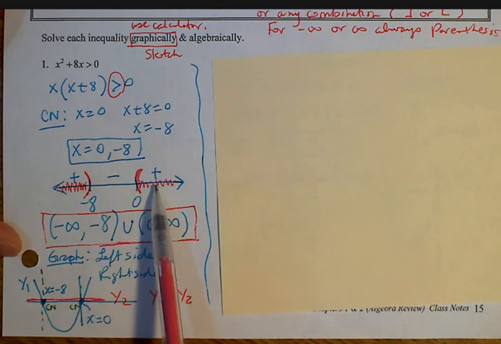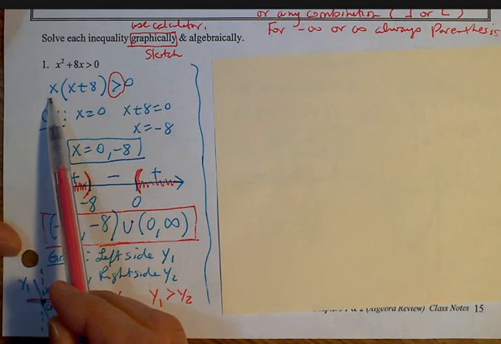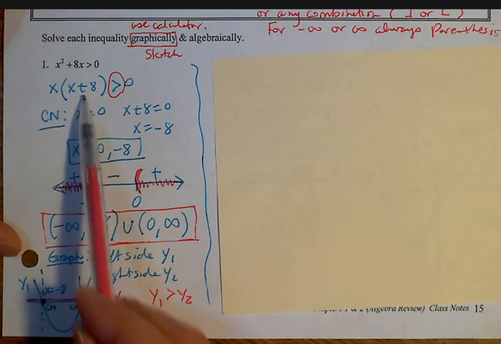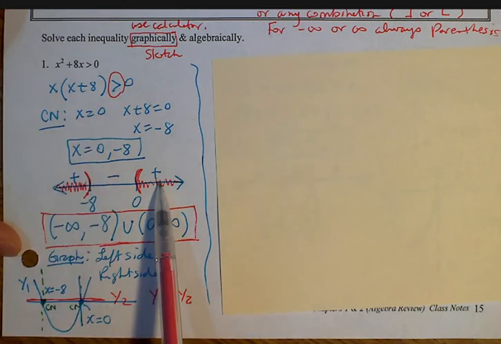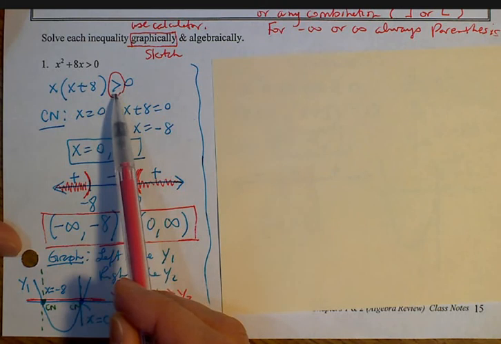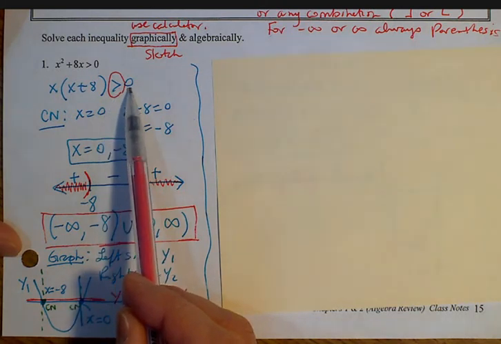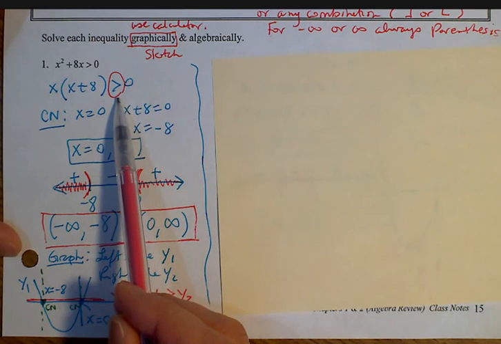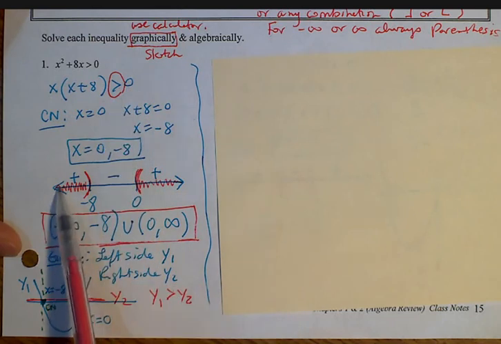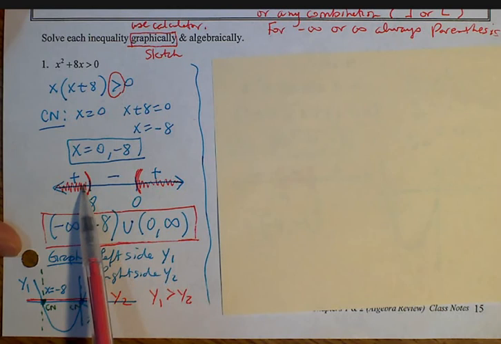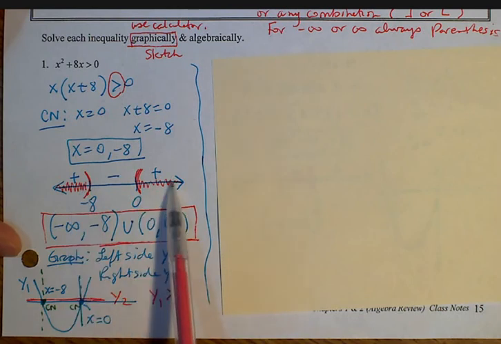And then to the right of 0, I'll choose 1. That will give me a positive and a positive. So overall, that's a positive. So since the inequality that I'm looking for is greater than 0, I want to choose the interval where it is positive. So that would be this region, which I've just highlighted in red, along with this region right here.